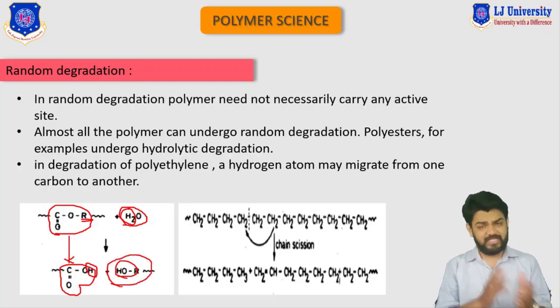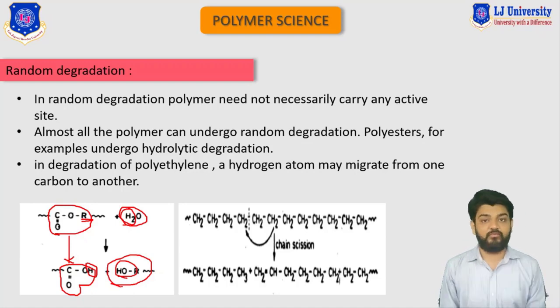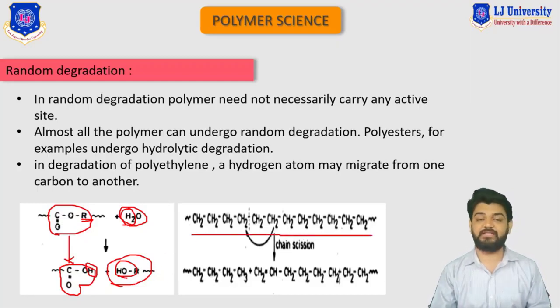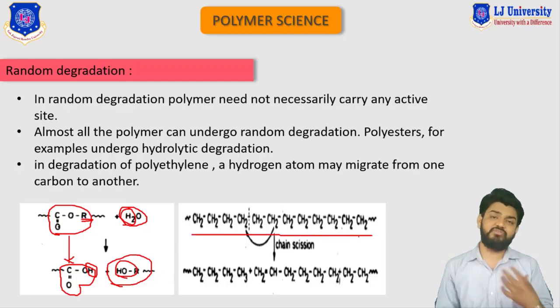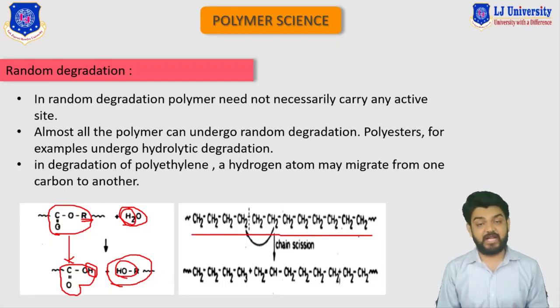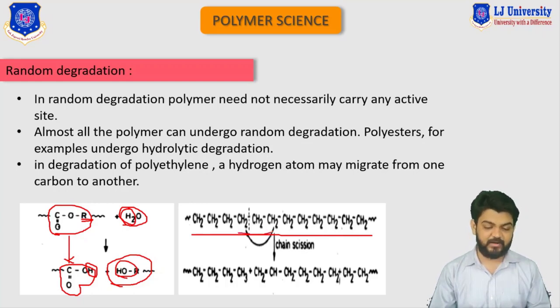Now let's understand one more example of the random degradation process, of polyethylene, right? So here I have a long chain of polyethylene like this. How does this polyethylene degrade in a random fashion? Let's focus on this particular carbon.